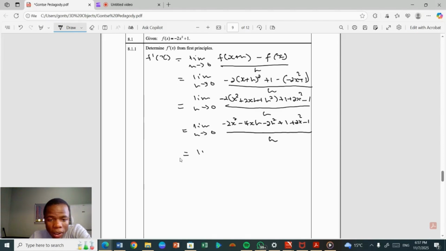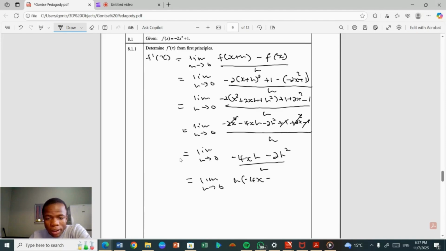Then from here you do what? Limit as h approaches 0. You look for like terms, this will cancel this. Then this will cancel this. You'll be left with minus 4xh minus 2h squared over h. Then is equal to the limit as h approaches 0. Then you take out the common factor, which is h, right?